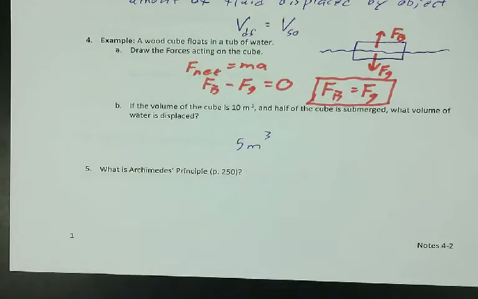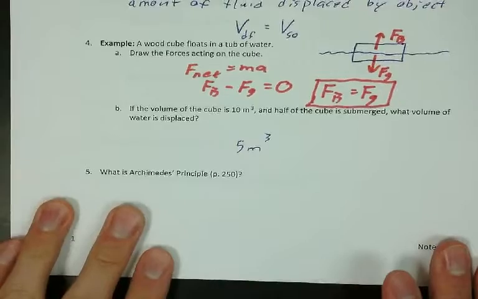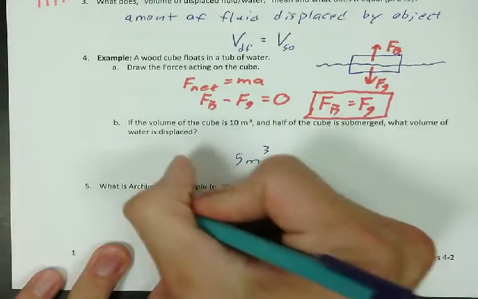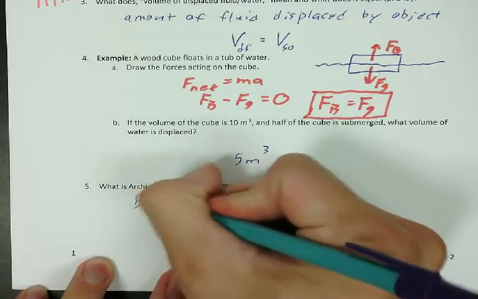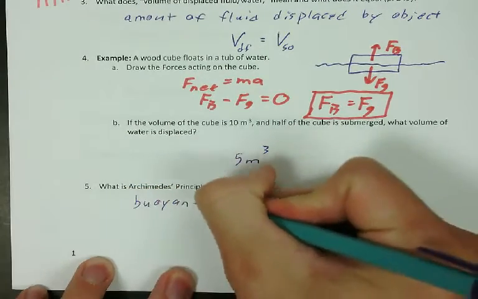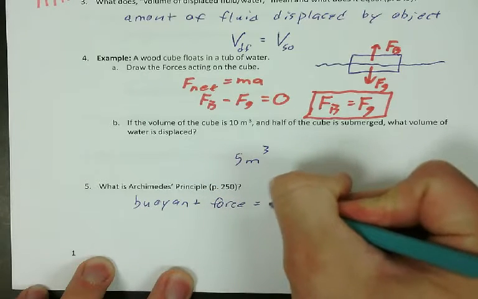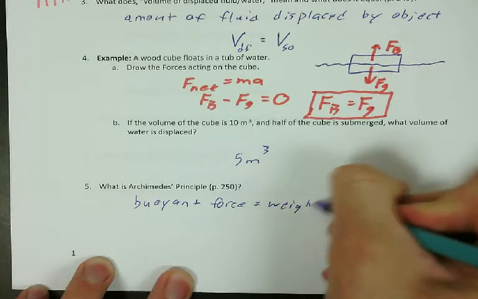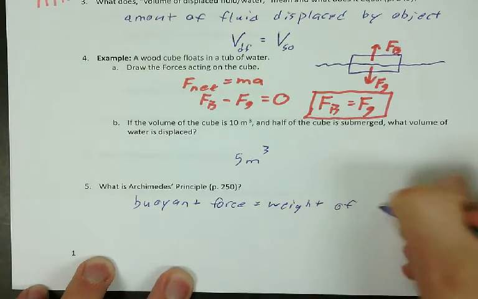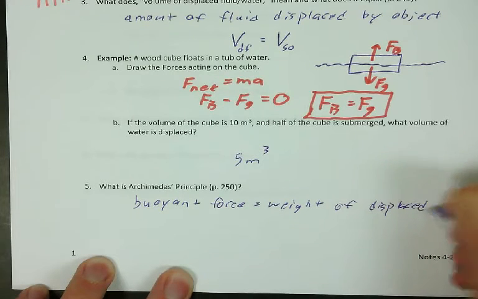Okay. So Archimedes' principle is pretty straightforward, even if it is a little strange. It says the buoyant force equals the weight of the displaced fluid.